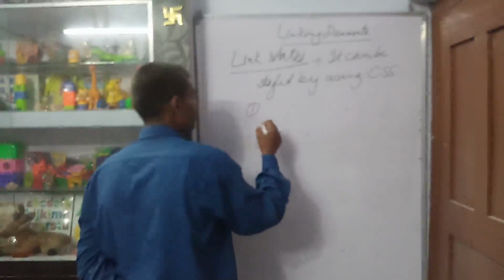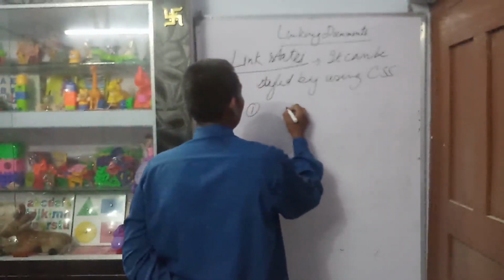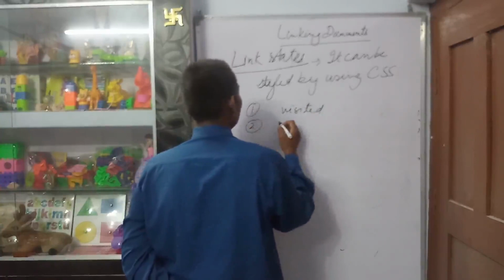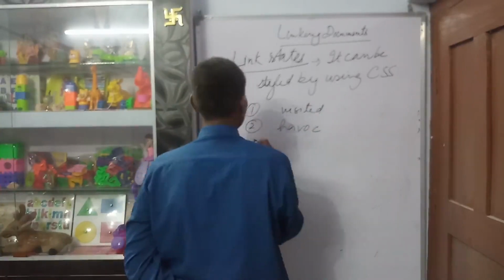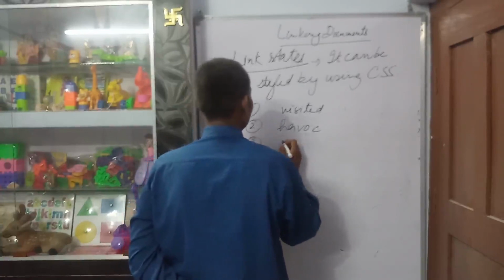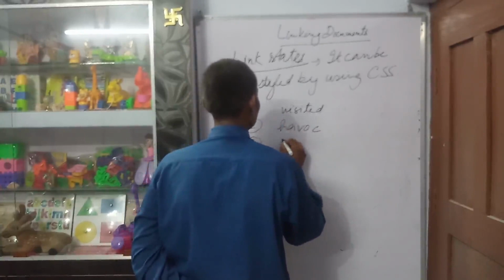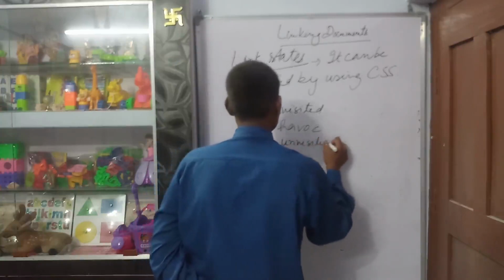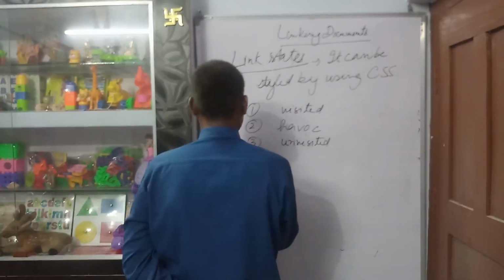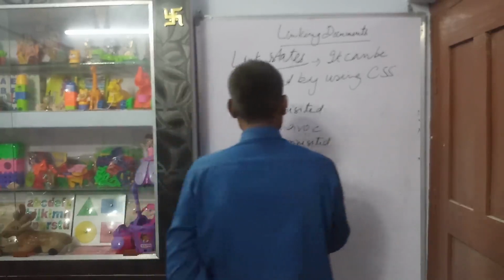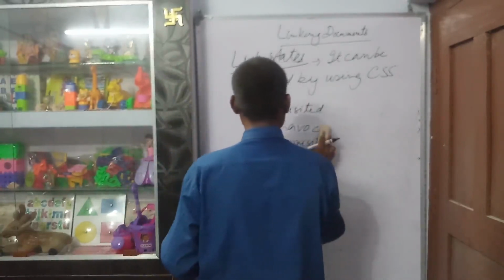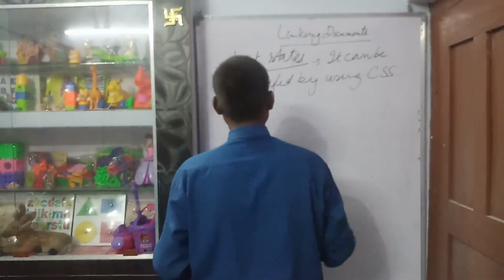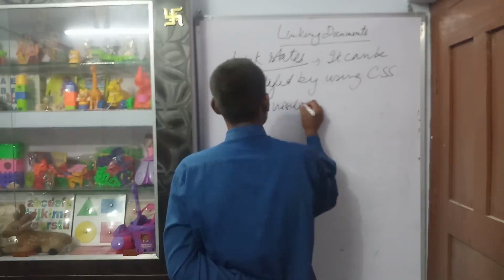The first link state is visited, the second is hover, the third is unvisited, and the fourth one is active. Visited is when you have visited the link.